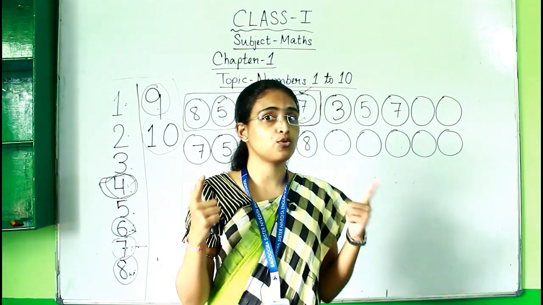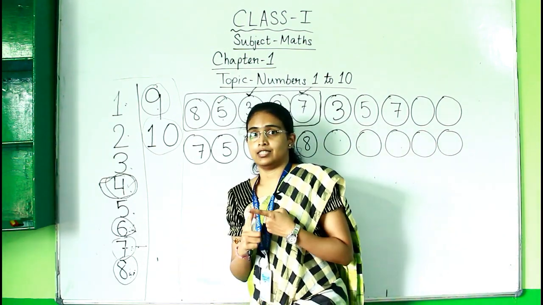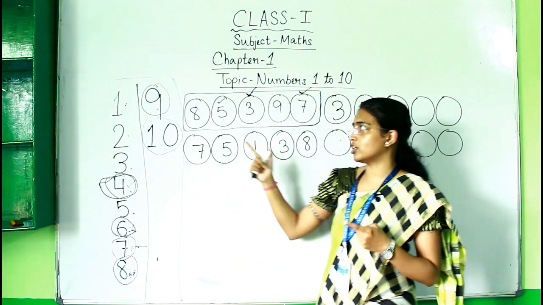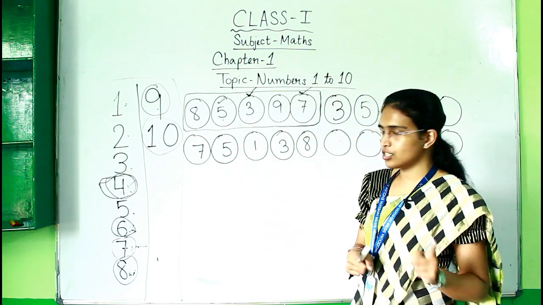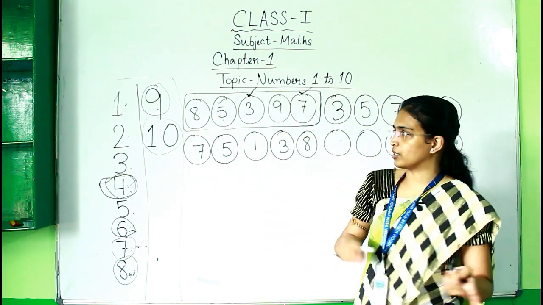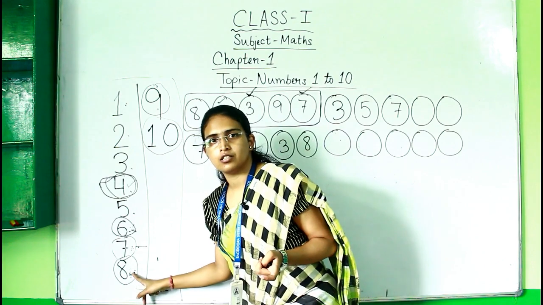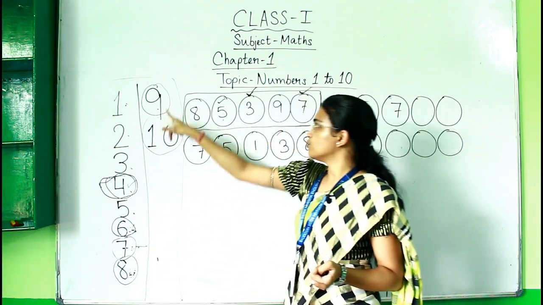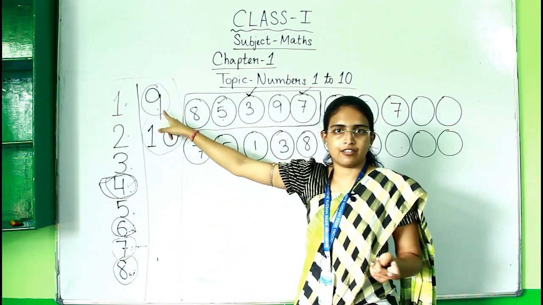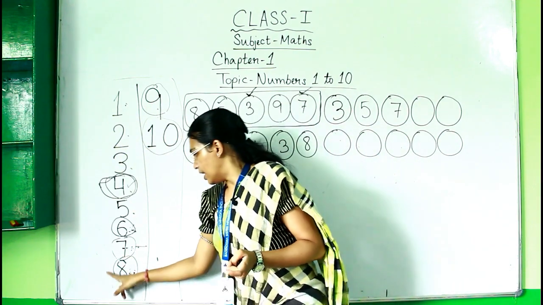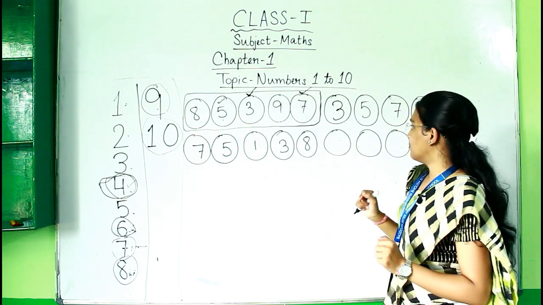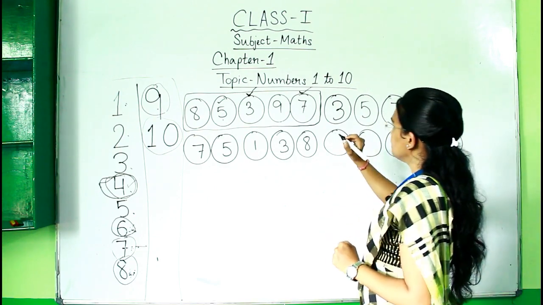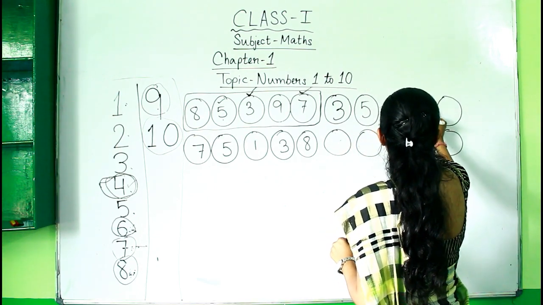Which one is smallest? 8. Very good. Why is 8 smaller than 9? Because 8 comes first. After 8, we write 9. That's why 8 is the smallest number. So we have to write 8.